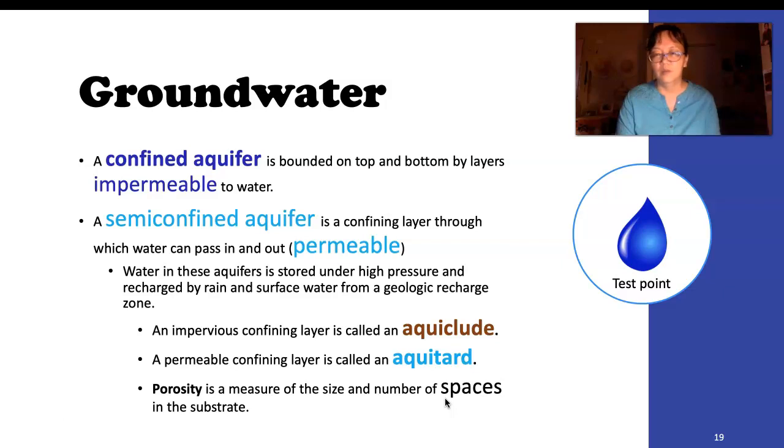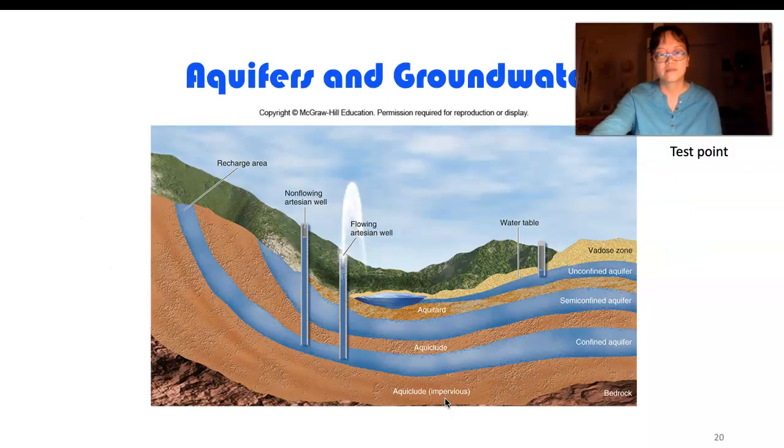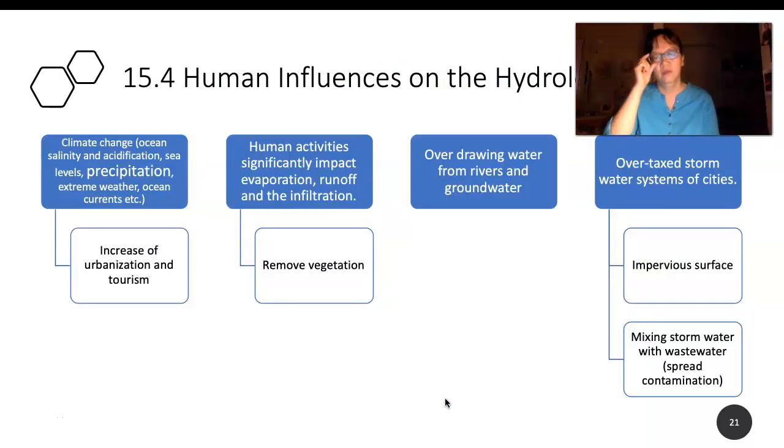That's why soil erosion is not welcome in environmental science. Human influences on the hydrologic cycle: because of the increase of urbanization and tourism, we profoundly changed the climate because of global warming. Ocean salinity, acidification, sea levels, especially precipitation, extreme weather, and ocean currents were affected.